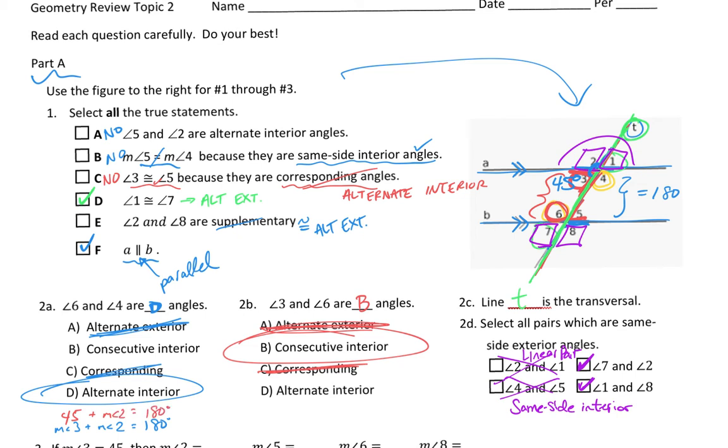And you can use the subtraction property. Minus 45. So the measure of angle 2 equals 180 minus 45, 135 degrees.